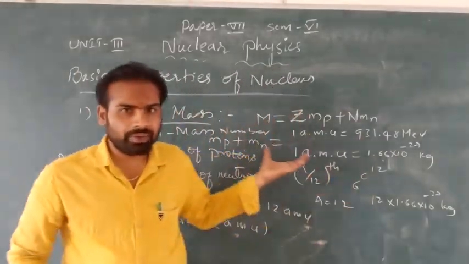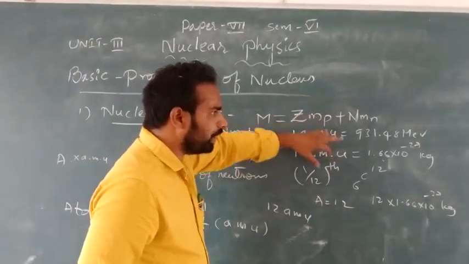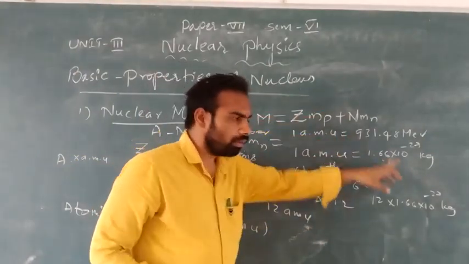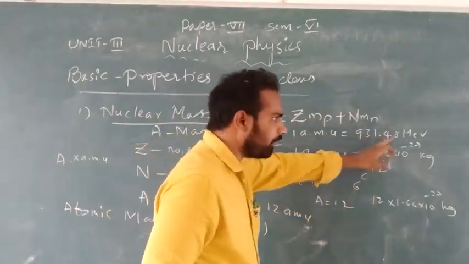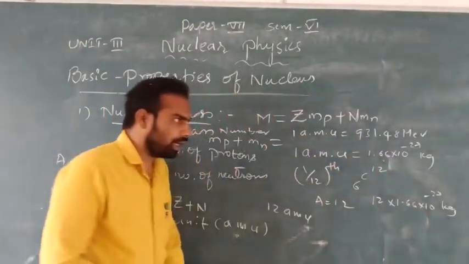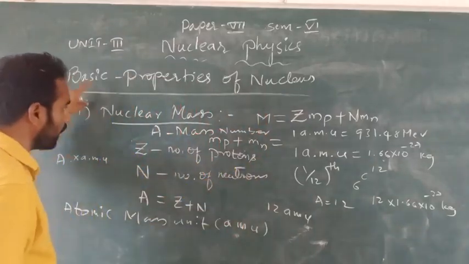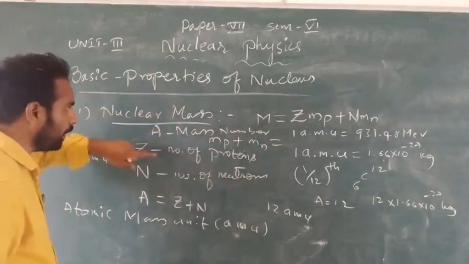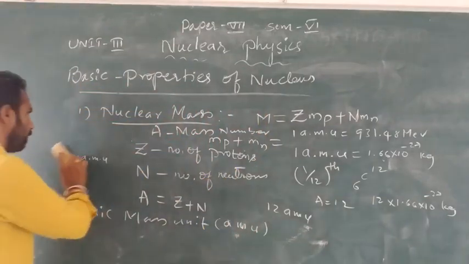So like that, we can also convert the atomic mass unit into energy, which is 931.48 million electron volts. This is the first basic property of the nucleus, nuclear mass. We have completed the nuclear mass.